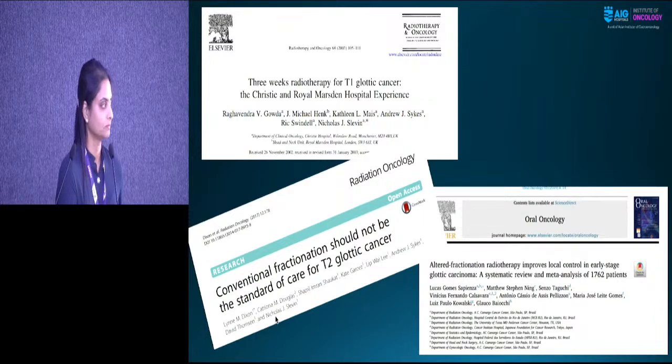Having said that, there is a small caveat to it. When we started doing T1 larynx with one-side cord-only radiation, we have always been afraid, is it a very, very small volume? It is really a small volume compared to what we have been doing as students.